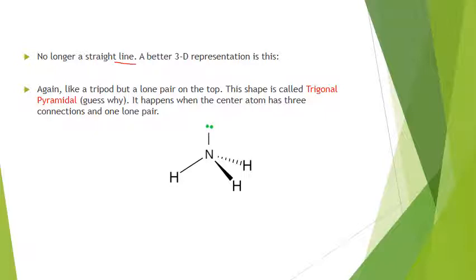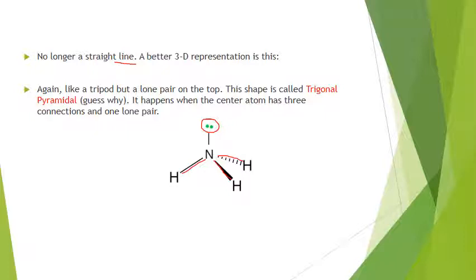So what we have is it kind of forms a tripod again. But instead of having an atom up here, it has a lone pair. That lone pair pushes these hydrogens from being planar.